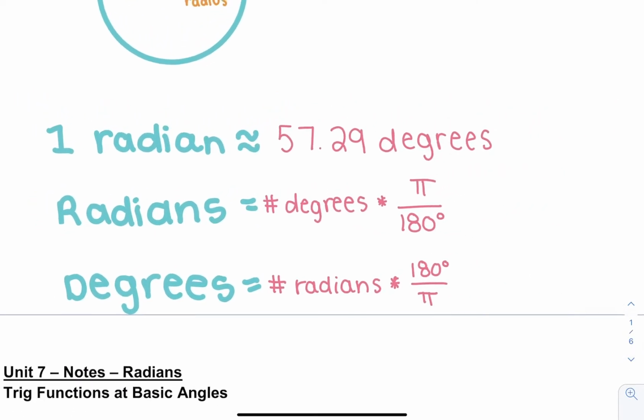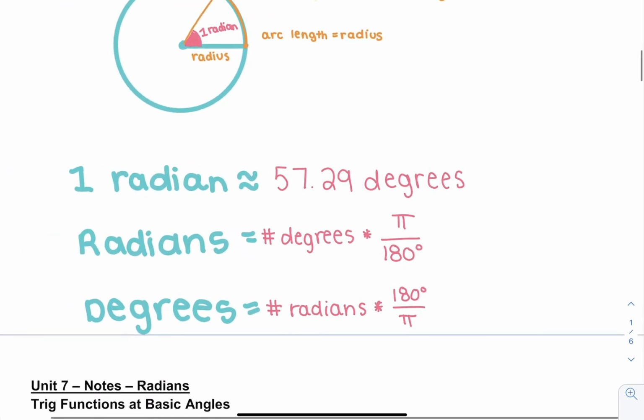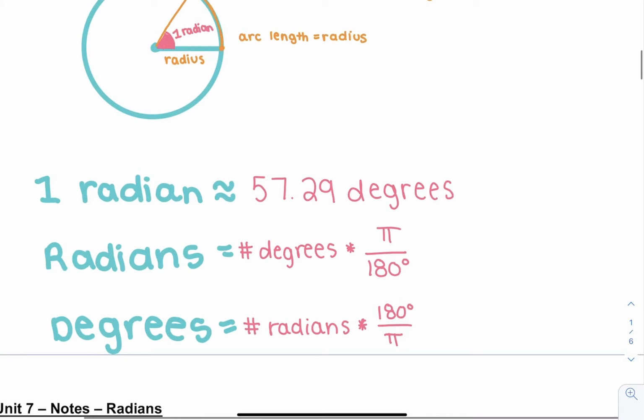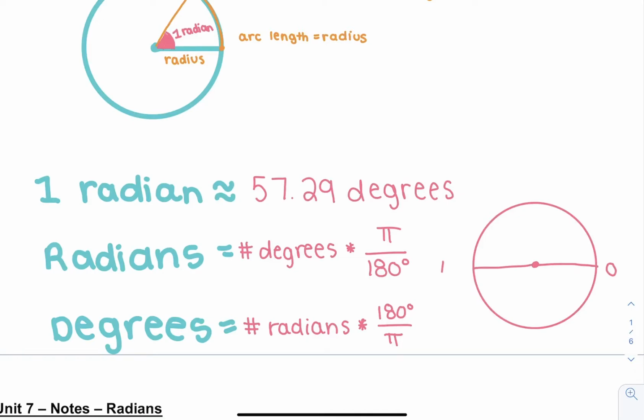So we get some really cool features from radians. If we have a basic circle like this, and here's our center and here's our radius. Well, 0 radians is the same as 0 degrees. And then 180 degrees is the same as pi radians.